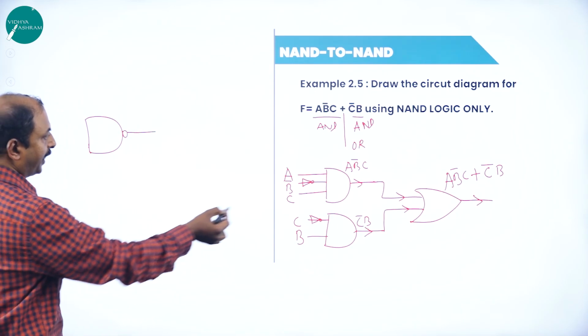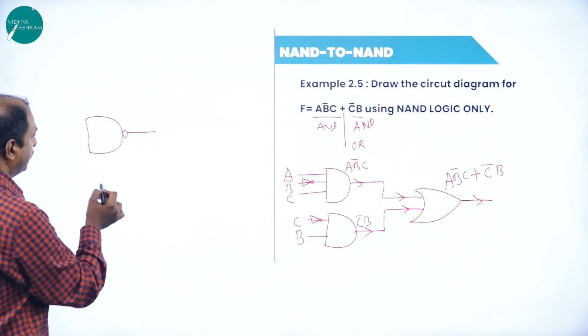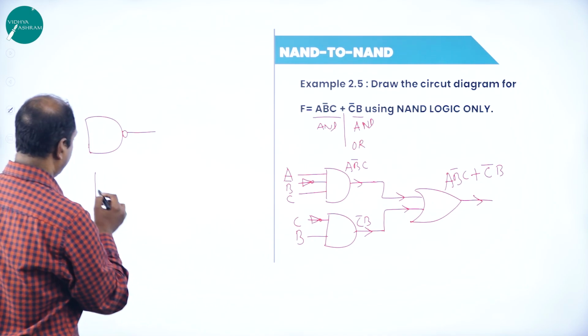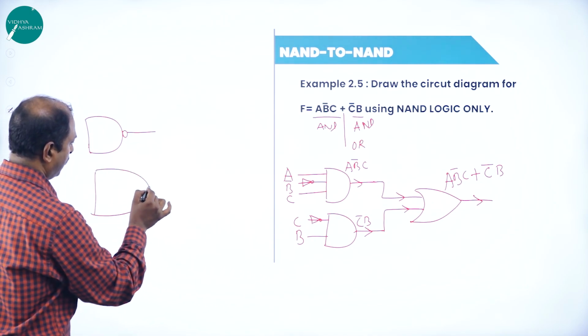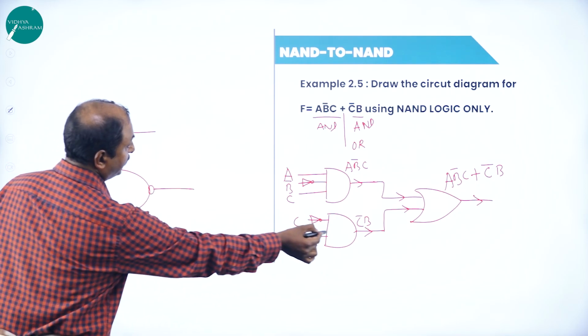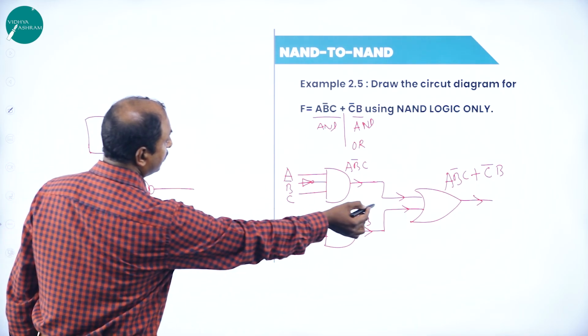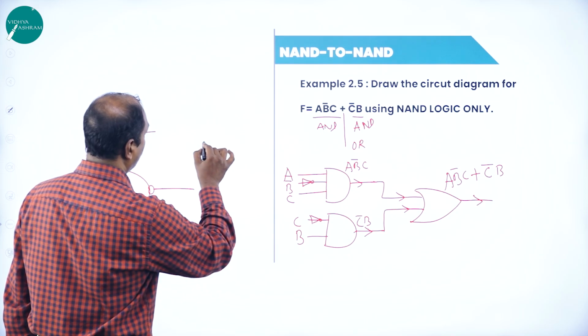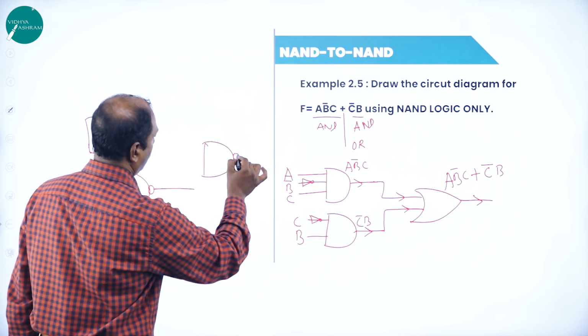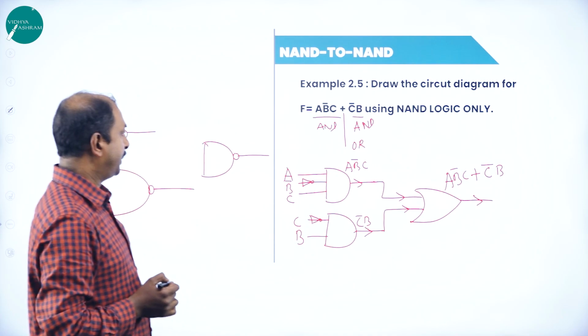This is one NAND gate to replace this, and this is another NAND gate to replace the second, and here we will have one more NAND gate to replace the third gate.